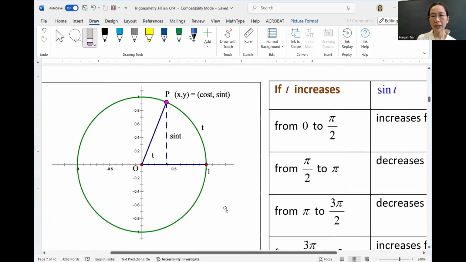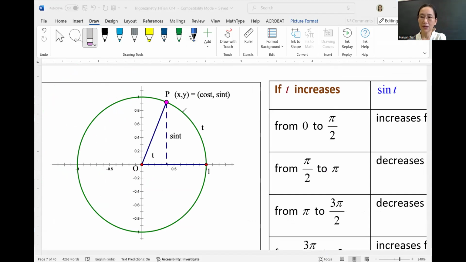Just from a different perspective, we try to understand the behavior of the sine curve. So suppose you pick another t, which is in the third quadrant. This is a t, from the initial side to the terminal side. That's our t. So for this t, what is the sine t? Let's try to visualize.